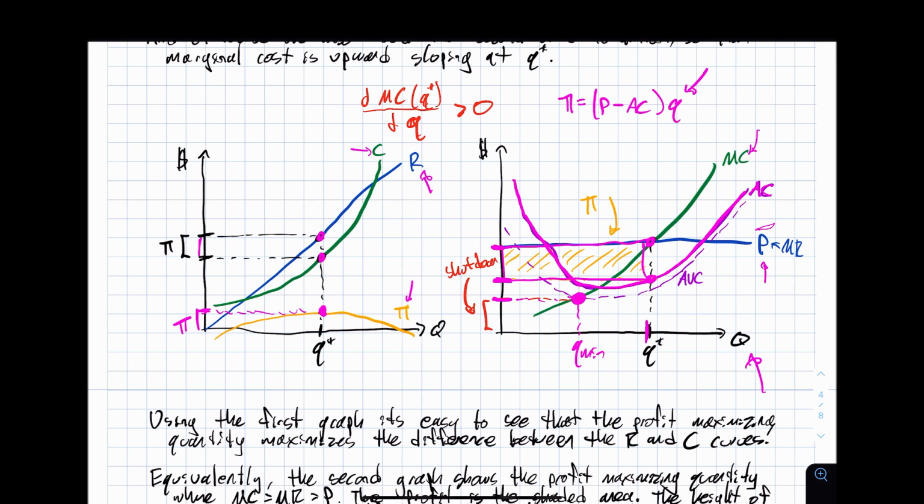And any price below this line here, that shutdown rule, we should jump to 0. And this is exactly the definition of the supply curve. Give me a price, I'll tell you how much the firm is going to produce. That's the supply curve.